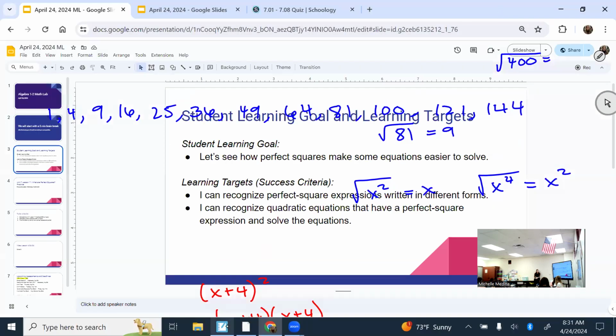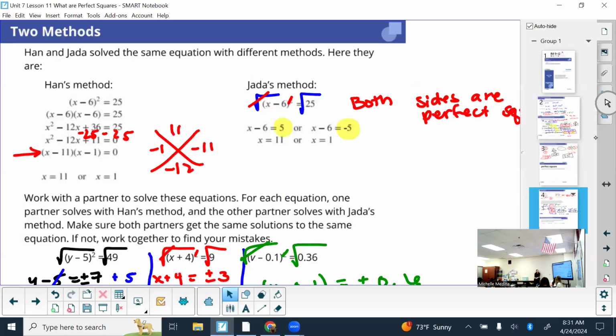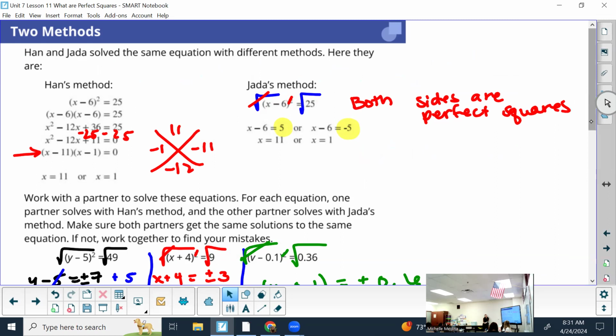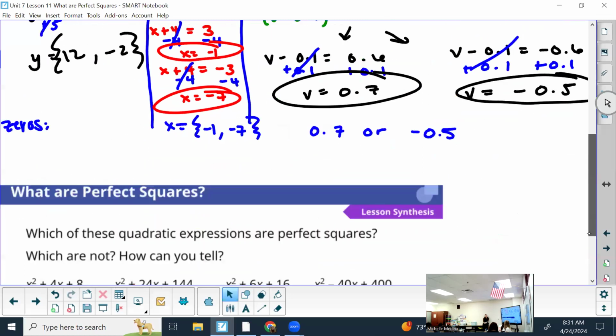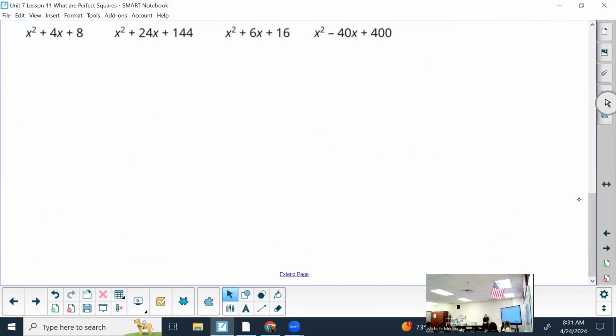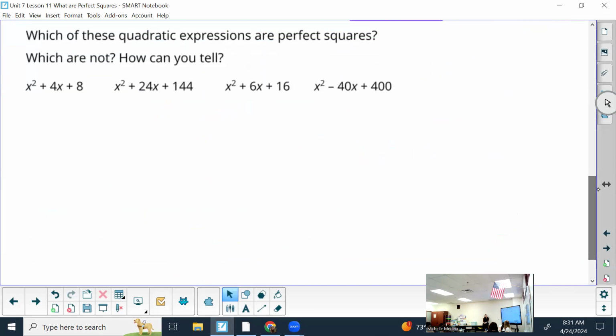But you'll also have some problems in standard form that you'll need to check if they are perfect squares or not. So let's see on this page. We didn't get to this in the notes, not like we really needed to, we already talked about it, but here's a good test question. Which of these quadratic expressions are perfect squares and which are not?